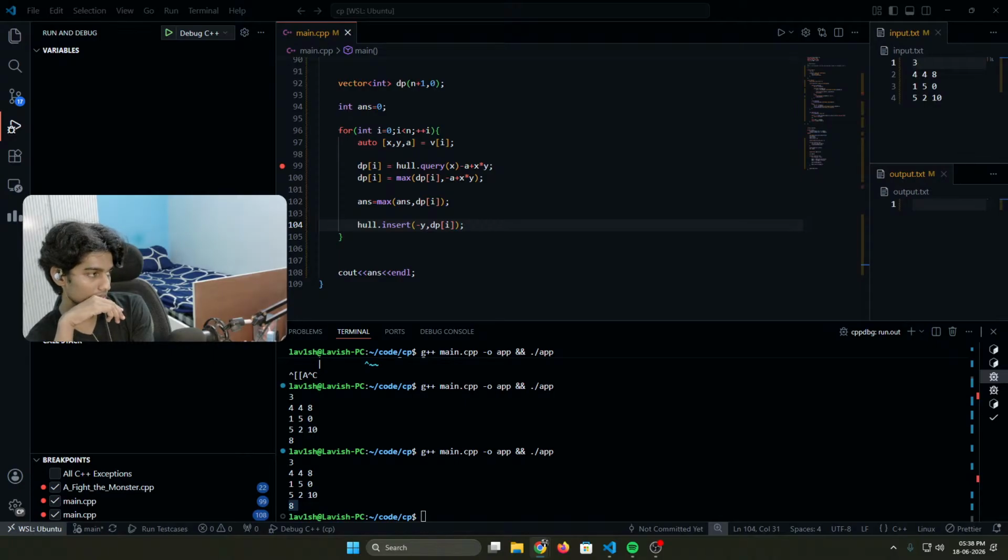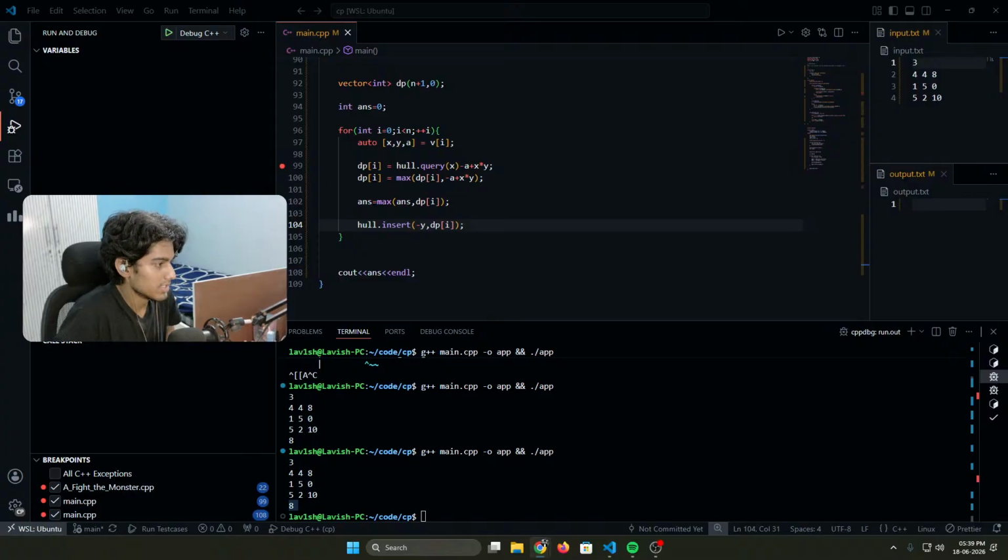Hull query, hull insertion is by this one, which assumes the intersection is. Oh, wait. What?